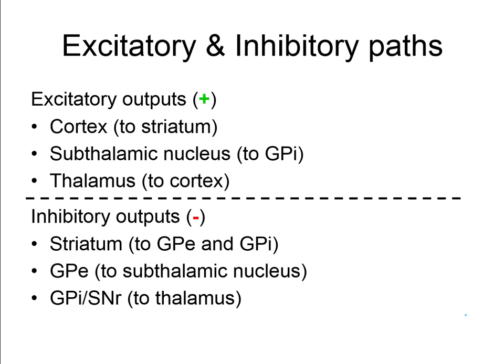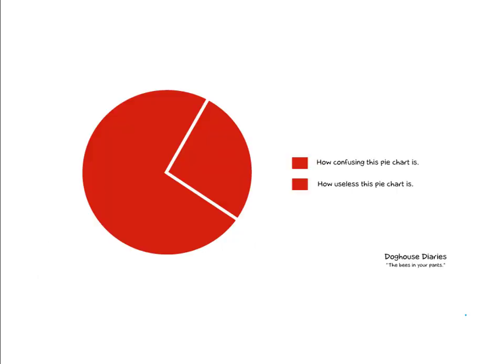But most of the others are inhibitory. So the striatal outputs, the putamenal projection neurons, are GABAergic. The GPI and GPE neurons are GABAergic, as are the pars reticulata, which is just like the GPI. Okay? So now let's think about how we can divide this in two. Okay?